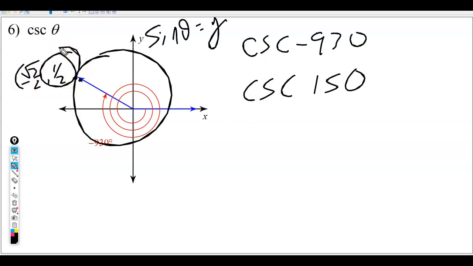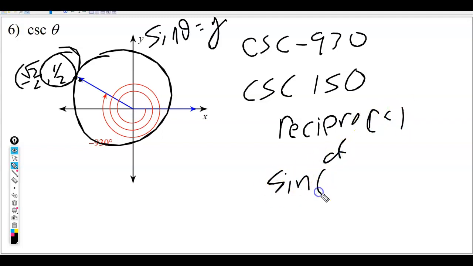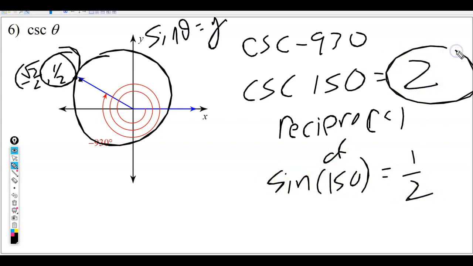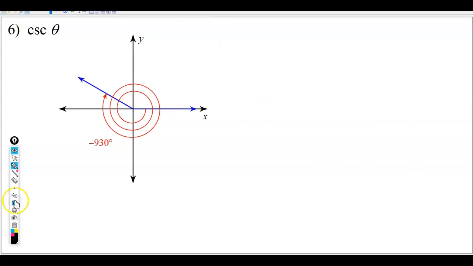Cosecant of 150 is the reciprocal of sine of 150. Sine of 150 is a half, so what's the reciprocal of that? It's 2. Take 1 over 2 and flip it over, you get 2. So that is cosecant of negative 930.